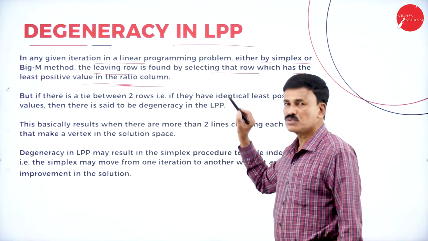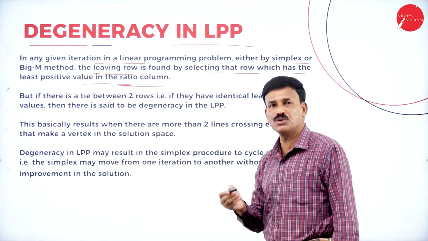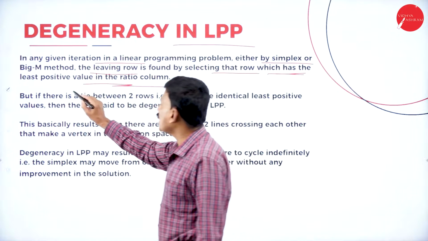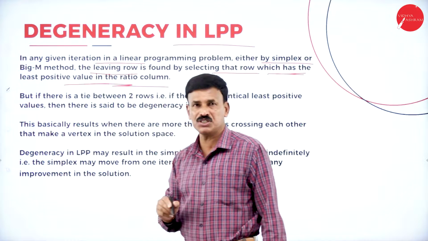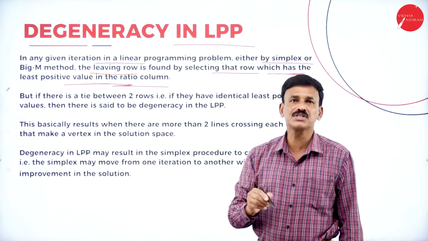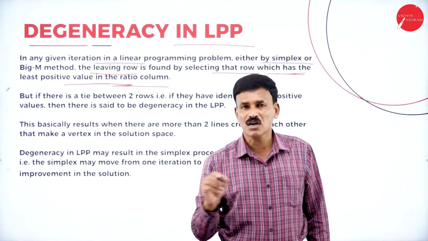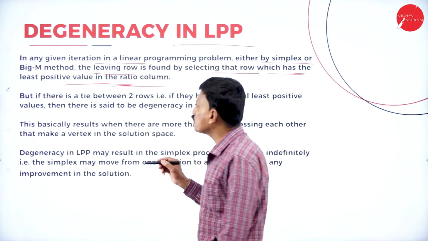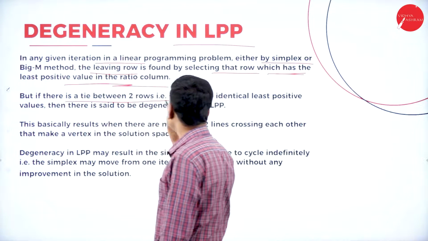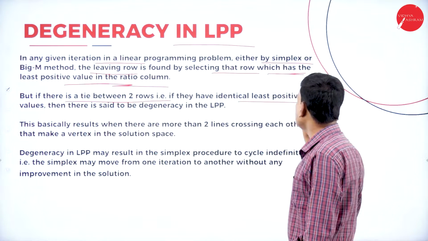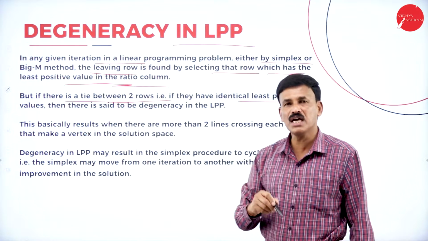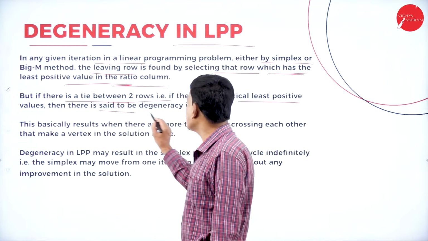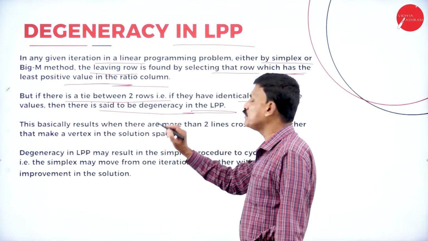That is the outgoing variable we select. If there is a tie between two rows, that is, if they have identical least positive values, then there is said to be a degeneracy in the LPP.